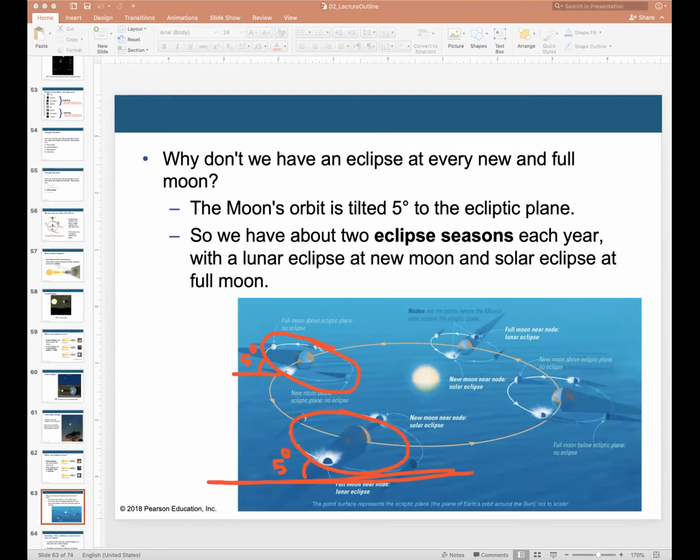And that causes us to not have a solar and lunar eclipse once every month. But instead we have seasons for lunar and solar eclipses. We have 2 eclipse seasons each year, for lunar eclipse and solar eclipse.